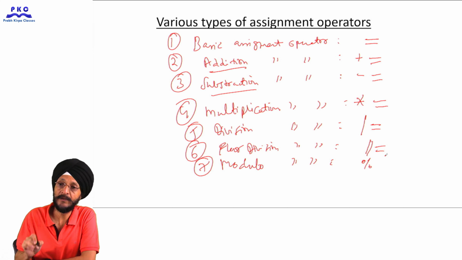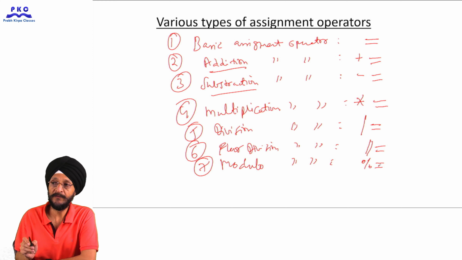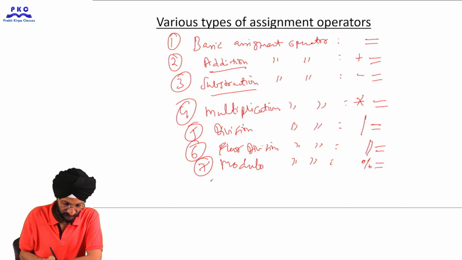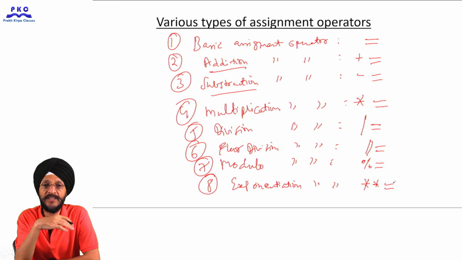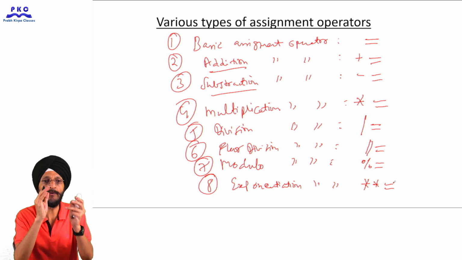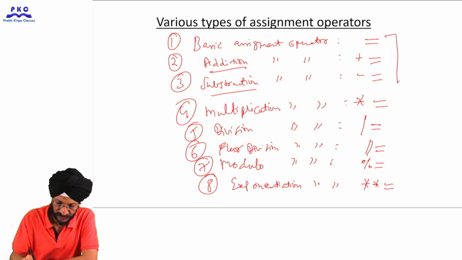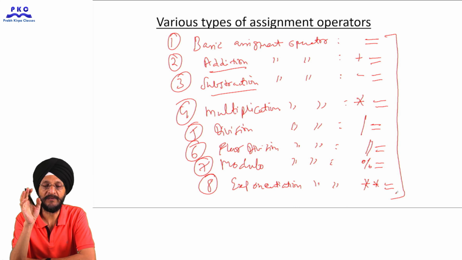It is something like percentage is equal to, which we use. And next is exponentiation assignment operator. It is like two asterisks, two stars is equal to, it means raised to the power. Now we will discuss each of these operators one by one.